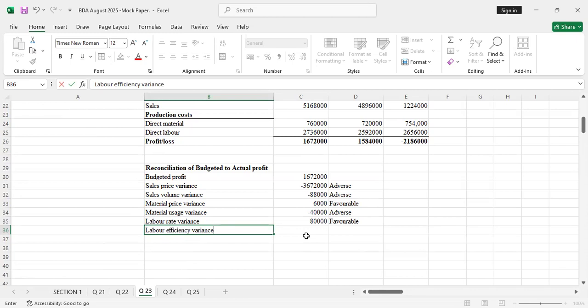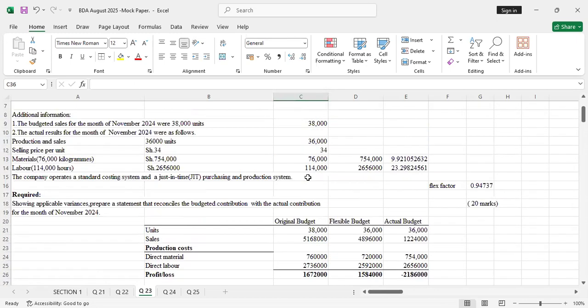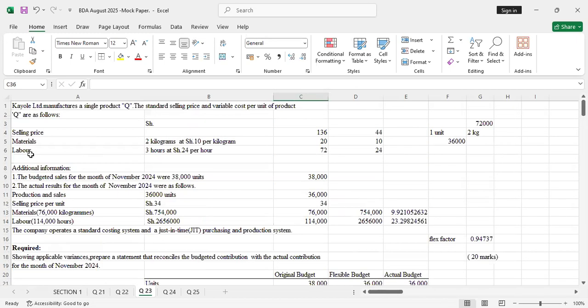The formula for the labor efficiency variance is standard hours minus actual hours, then you multiply all of that by the standard rate. So we're going to calculate the standard hours. You go back to labor. We're told that you need 3 hours at shillings 24 per hour.